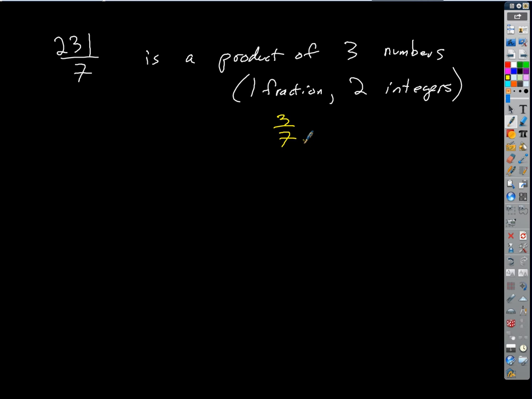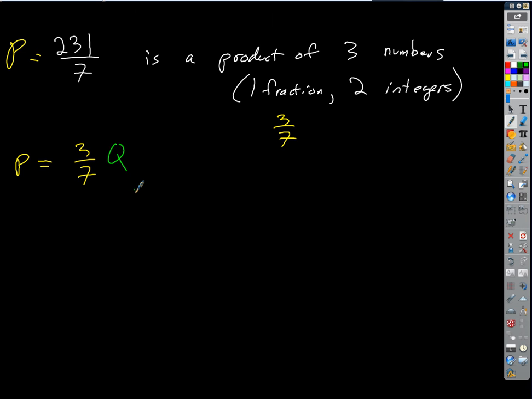Probably, yeah. You divide that first one by 3 sevenths. I could divide it by 3 sevenths, couldn't I? Because if I'm going to say this whole thing, let's call it P for product, if P equals that, then P is going to equal 3 sevenths times something else. Let's call it q.